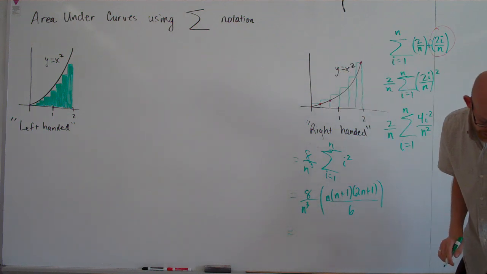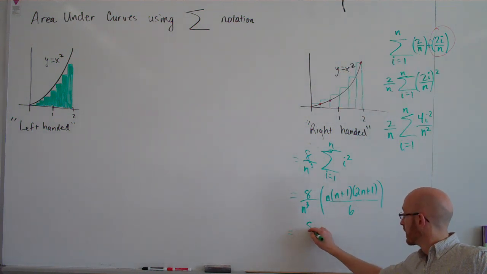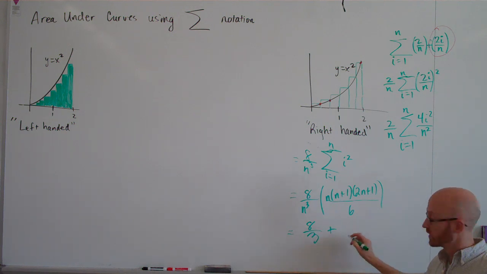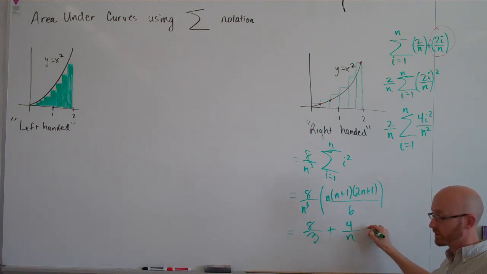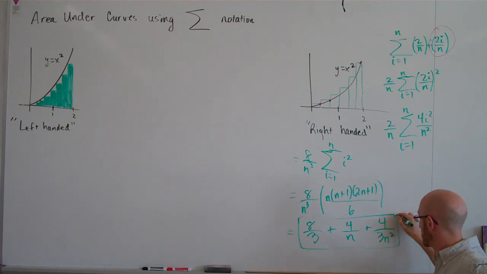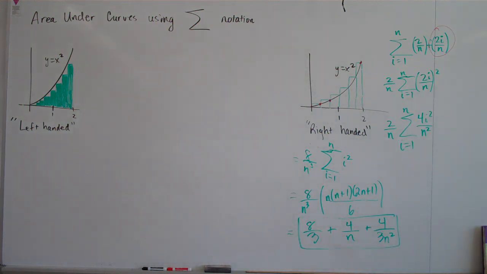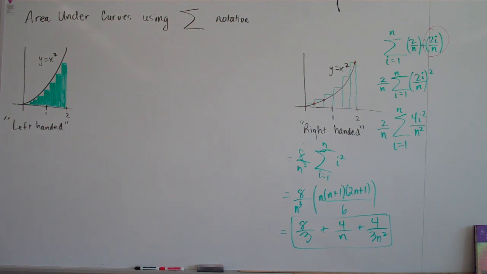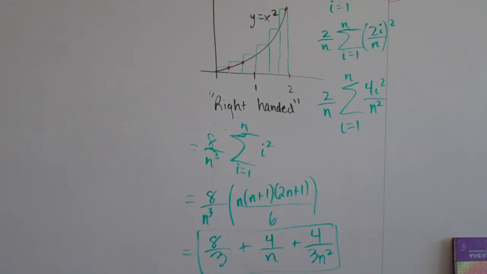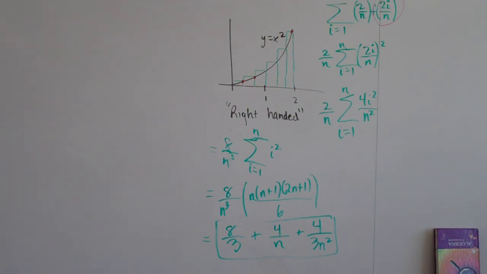And now I'm going to leave it to you to verify that that is 8 over 3 plus 4 over n plus 4 over 3n squared. I'm just going to make sure the camera can see that. Right, so just so that you can check your work there.